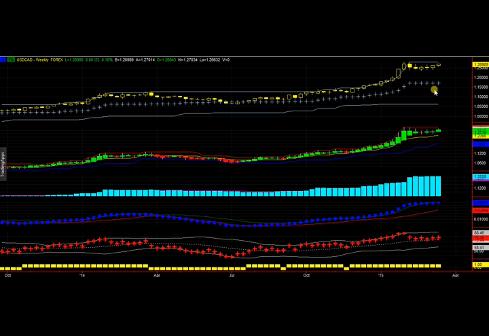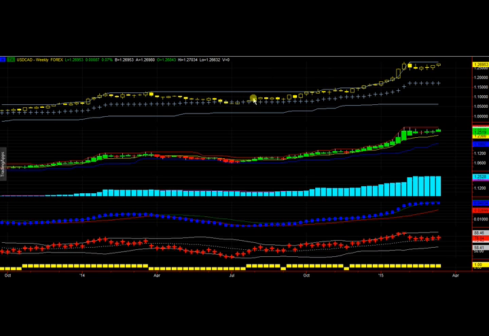I would not look to try and bottom pick the Canadian dollar here by any means. We really don't believe in contrarian trading. The probabilities are just too low. We usually would rather get in late into a move, but have the momentum and the trends on our side, rather than try and pick the turn.